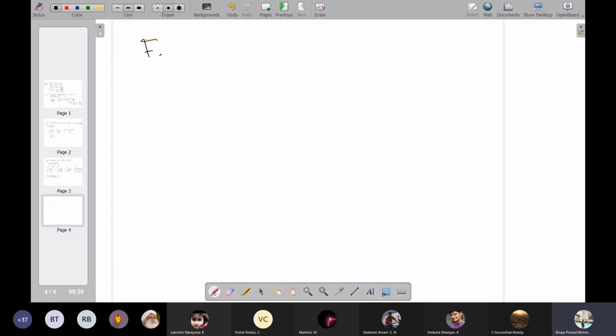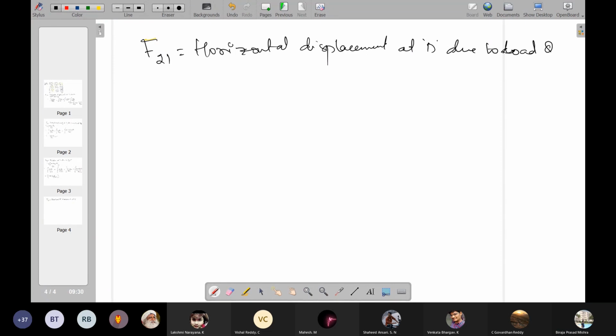So F21 equals the horizontal displacement at D due to load Q2. Okay, so this is again summation M2 into M1 into dx by EI.